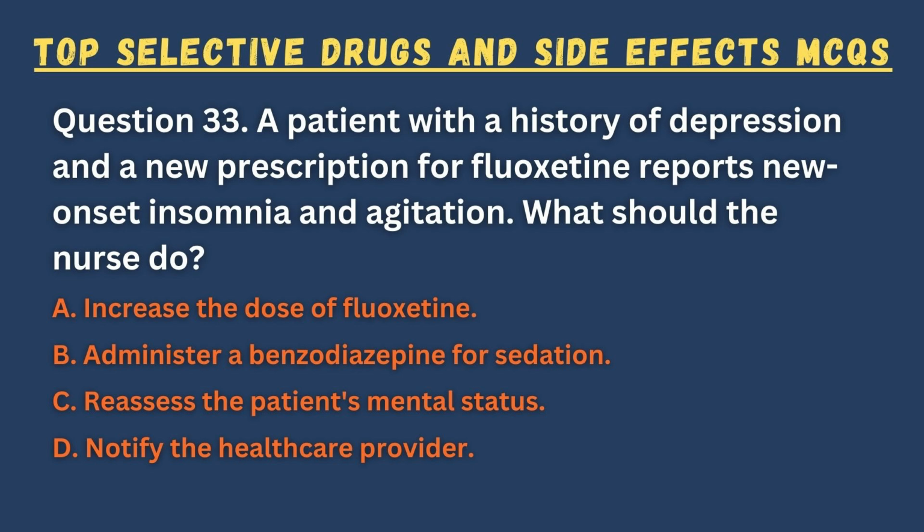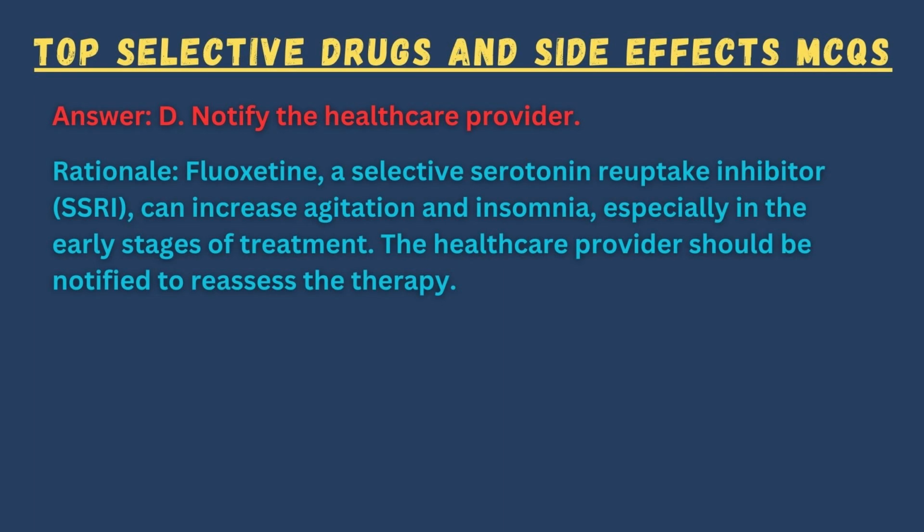D. Notify the healthcare provider. Answer: D. Notify the healthcare provider. Rationale: fluoxetine, a selective serotonin reuptake inhibitor (SSRI), can increase agitation and insomnia, especially in the early stages of treatment. The healthcare provider should be notified to reassess the therapy.